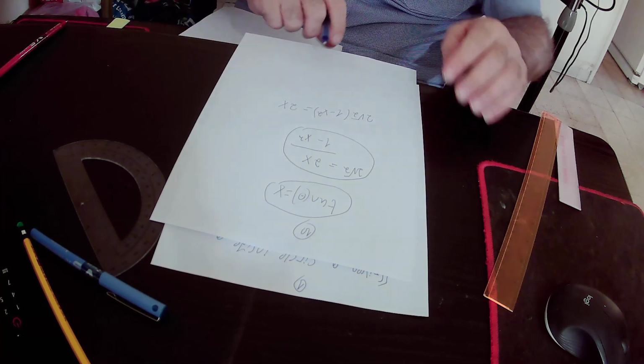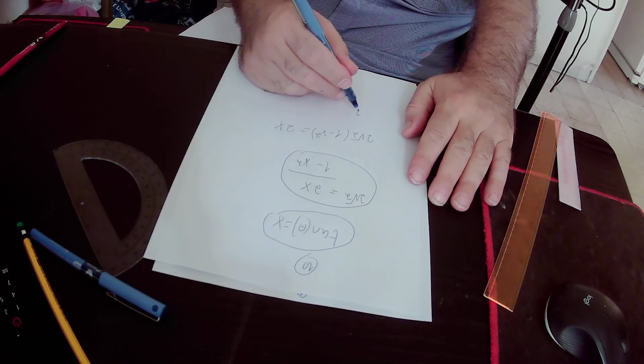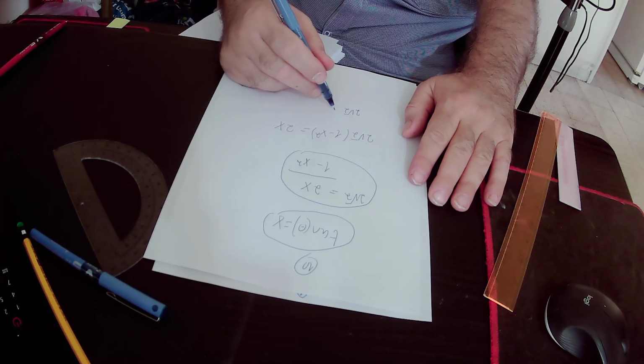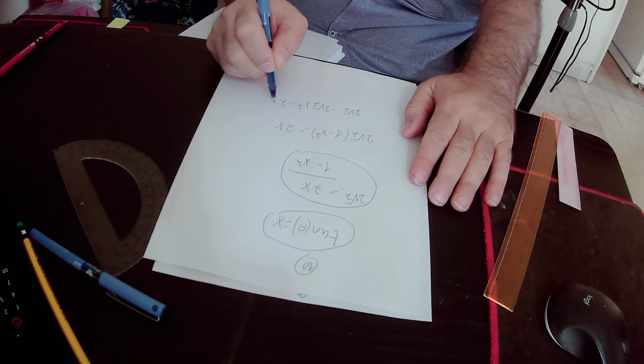Here we will open the brackets. We will get 2 times root 2 minus 2 times root 2 x squared equals 2x.